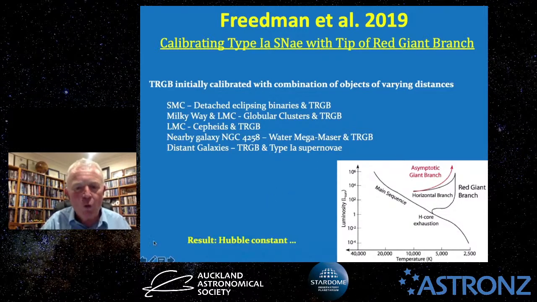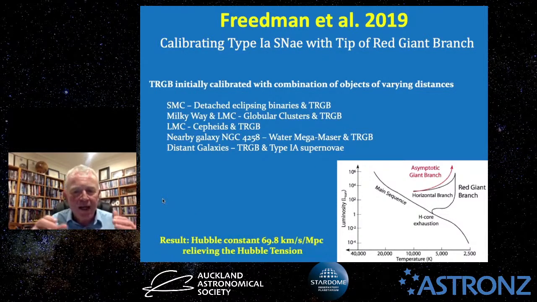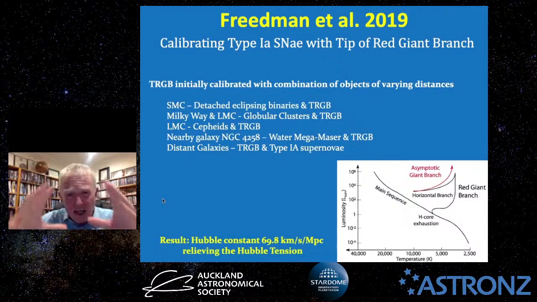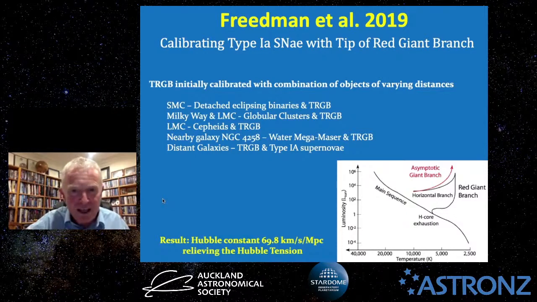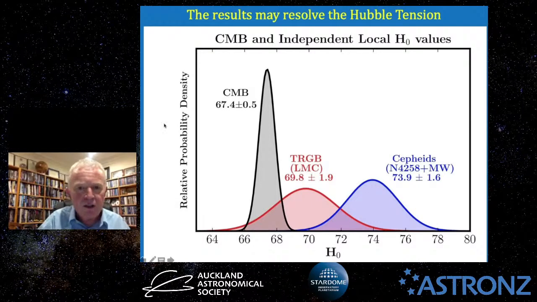And you might say, what was the result? Drum roll. 69.8. That's a lot closer. And that arguably is relieving, it's certainly reducing the tension. It's relieving that Hubble tension. And here's a nice little diagram that's accounting for the error bars. Here are your cosmic microwave background measurements of the early time measurements, 67.4 with your error margins.